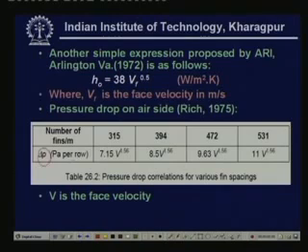Delta P in pascals per row is equal to 7.15 V to the power of 1.56 if the number of fins is 315 per meter. Similarly, there are expressions for 394 fins per meter, 472 fins per meter, and 531 fins per meter, and here again V is the face velocity. So this is again a simple empirical correlation based on experimental observations.